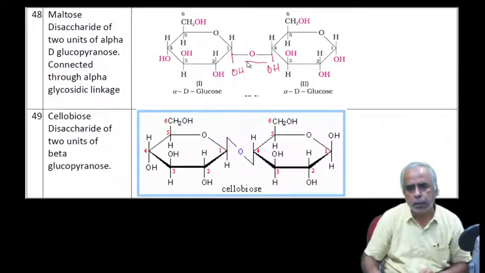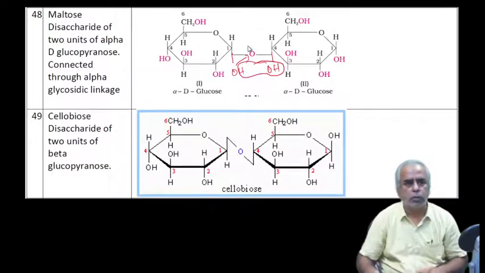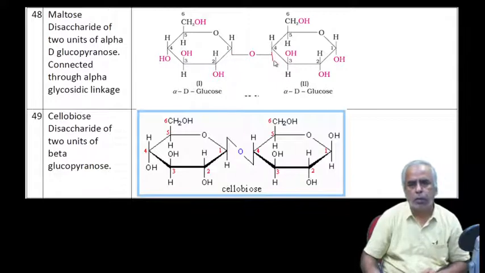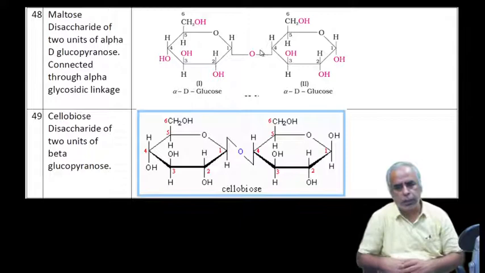Now water is removed by the combination of these two, forming the glycosidic linkage. So this O has gone here. Do you understand now? So this is known as glycosidic linkage.